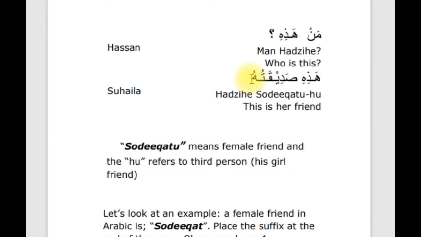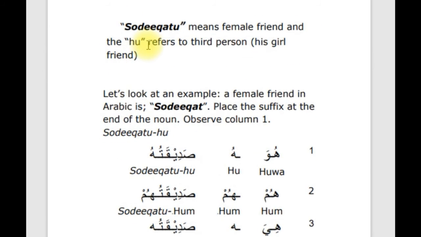Huwa, he, is the possessive for he. Hazihi sadiqatuhu. Sadiqatu means female friend, and the hu refers to a third party, his girlfriend.